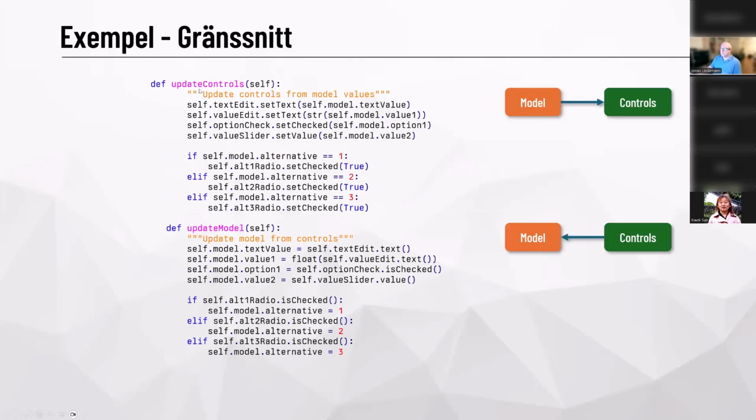In update controls, you take the values from your model and set the text here, and also do the conversion. So if you have a value, it will convert that to a string before assigning the value to the control. And if you have checkboxes like this, you actually have to do an if statement here.